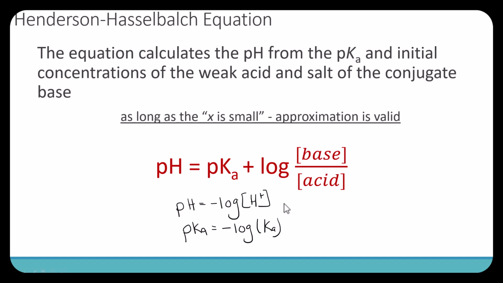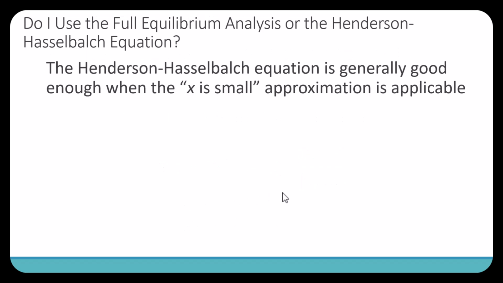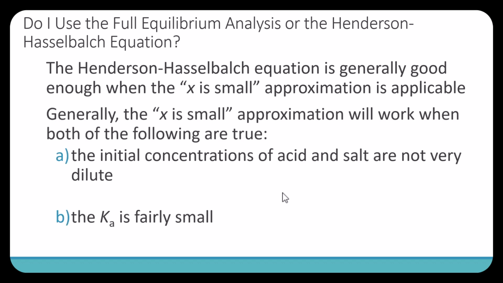Okay. A little bit more about the Henderson-Hasselbalch, and then I'll do an example in another video using this equation. So it's good as long as the x is small approximation is valid. Well, how do we know if the x is small approximation is valid other than the fact that Miss Maz told me it's valid? Here's the general rule of thumb.